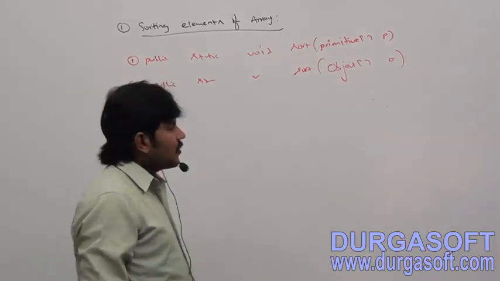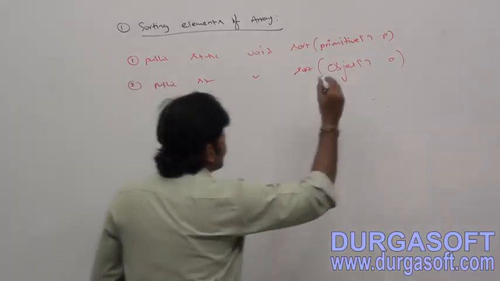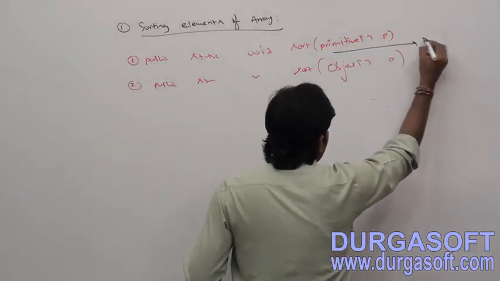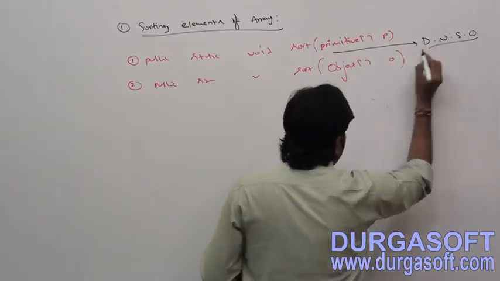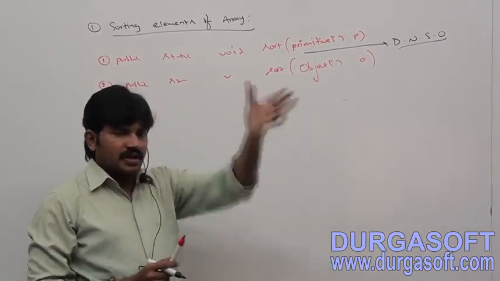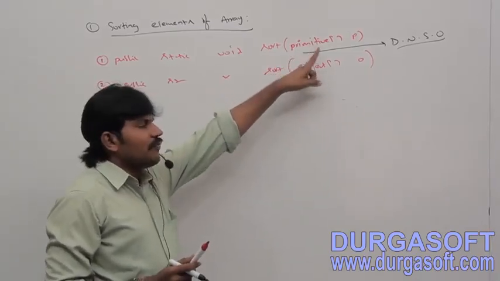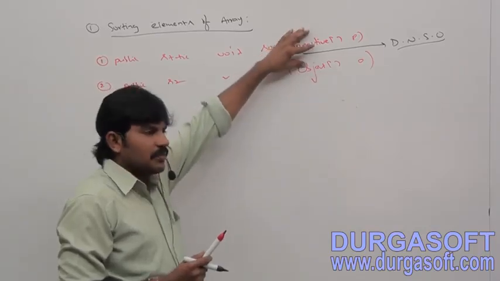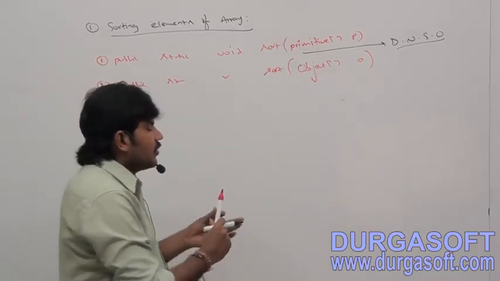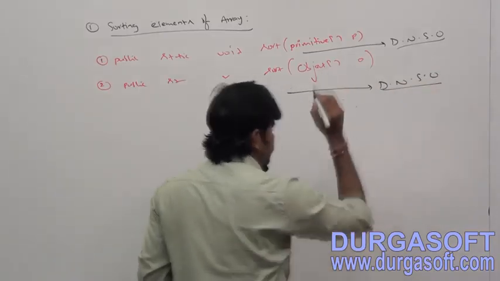The primitive array is sorted according to default natural sorting order: int array in ascending order, char array in alphabetical order. The object array is also sorted according to default natural sorting order with this method.